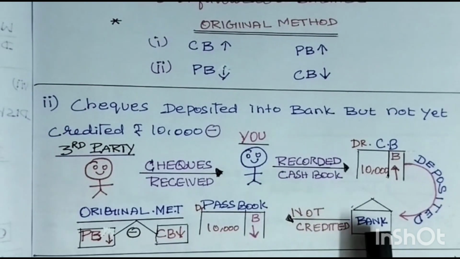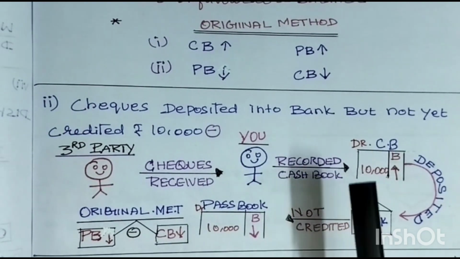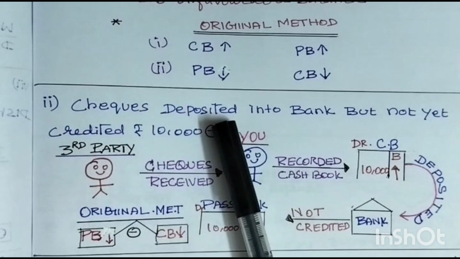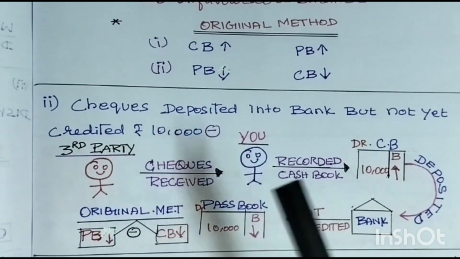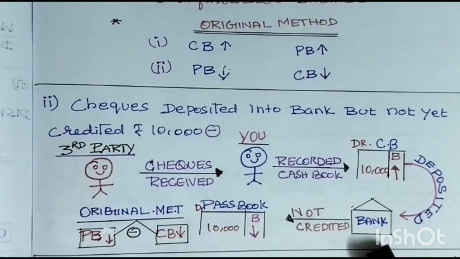Okay, what happened in the bank? Cheques deposited into the bank but not yet credited, 10,000 rupees. After the cheque is deposited into the bank, it's not credited. Why? It takes 2 days or 3 days or 4 days, even a week to clear the cheque. Only after the cheque is cleared will it be credited to your bank account.